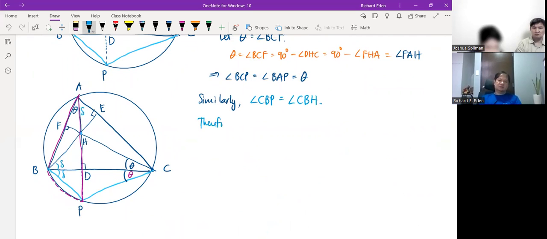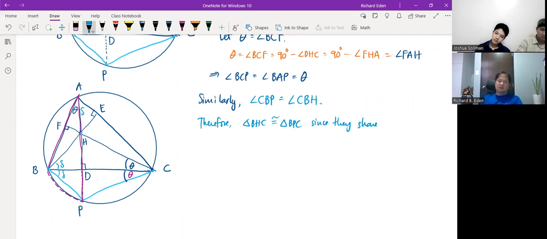Therefore, triangle BHC is congruent to BPC since they share side BC, along with the angle congruences that we talked about.